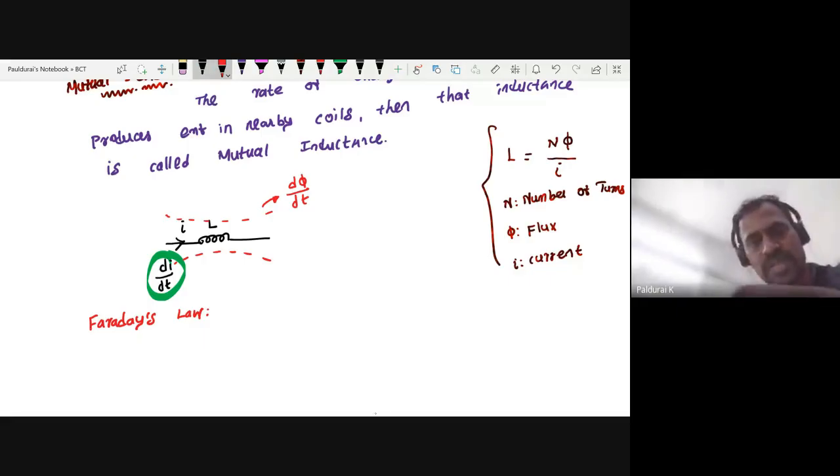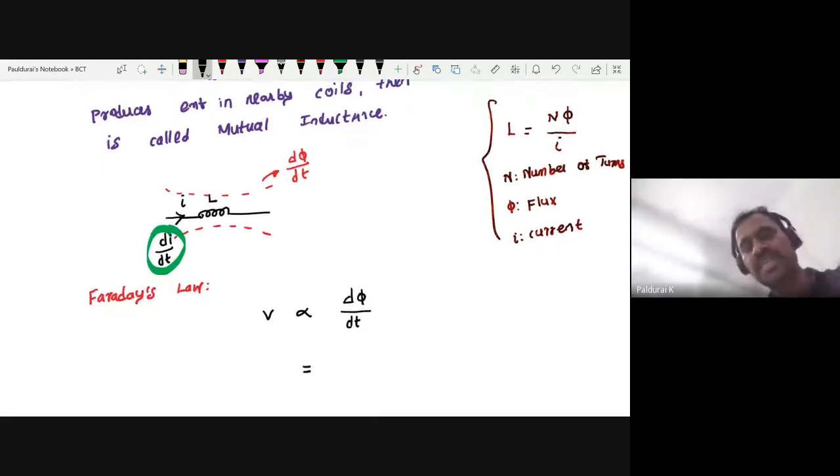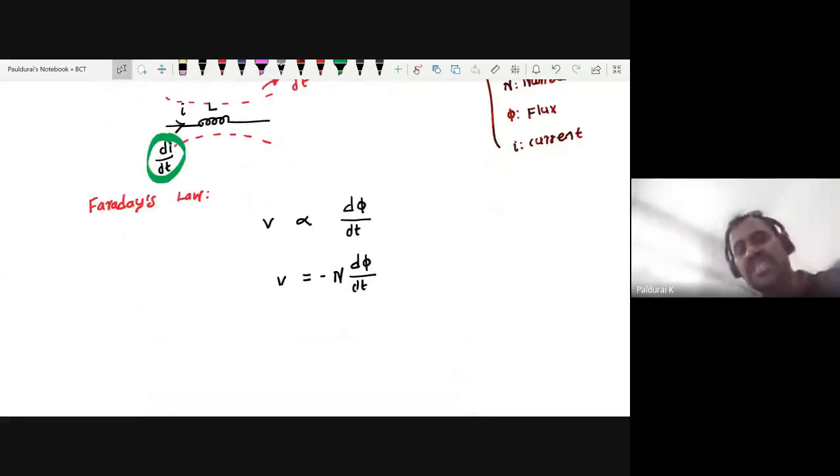The voltage V is directly proportional to the rate of change of flux linkage, and the proportionality constant is the number of turns. So V equals n times d phi by dt. As per Lenz's law, the generated EMF opposes the change of flux through which it has been generated.